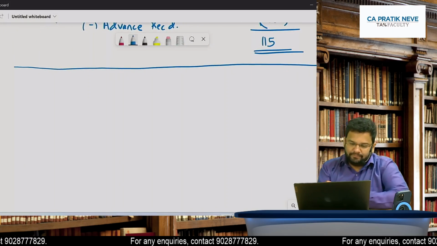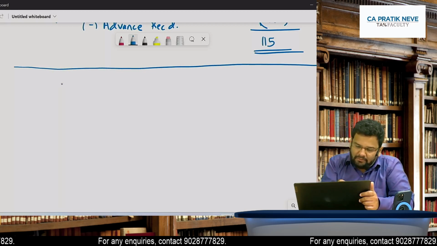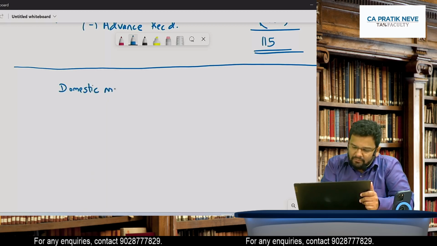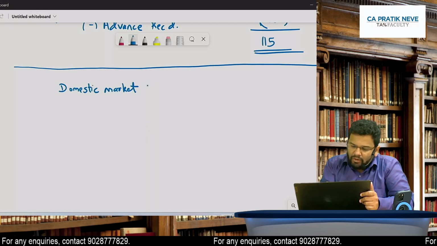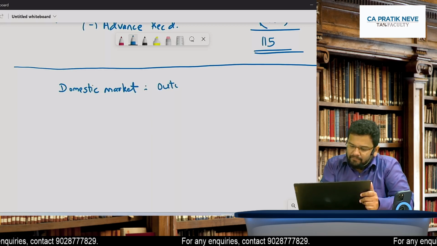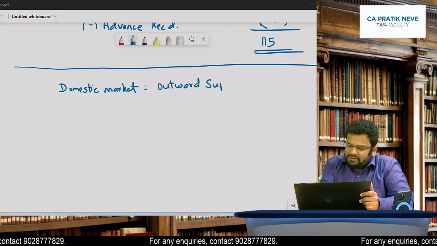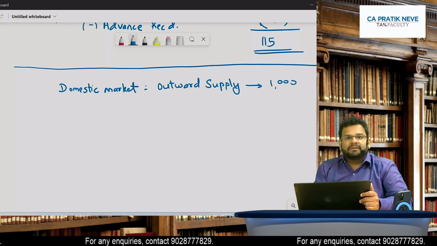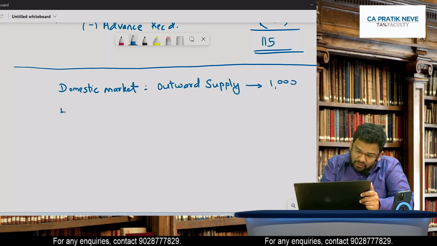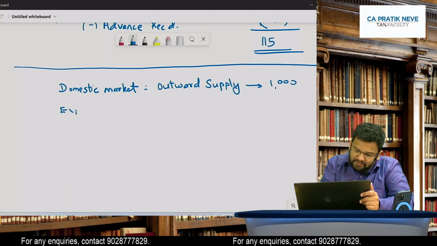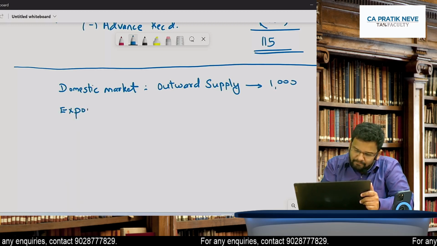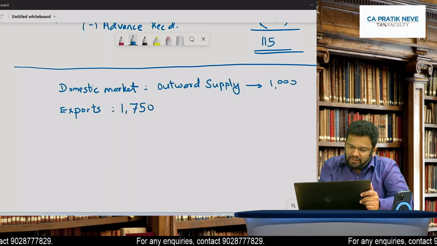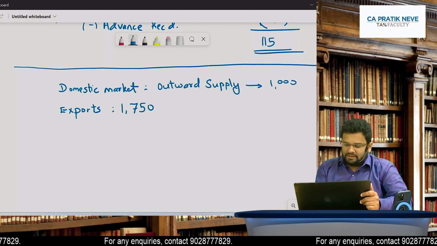Listen carefully. In the domestic market, what is my outward supply? My outward supply is 1000. Agreed? Exports are worth how much? Exports actually are worth 1750. It's given.